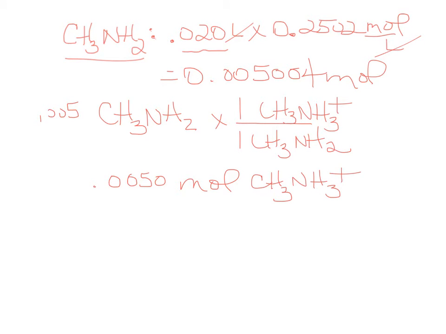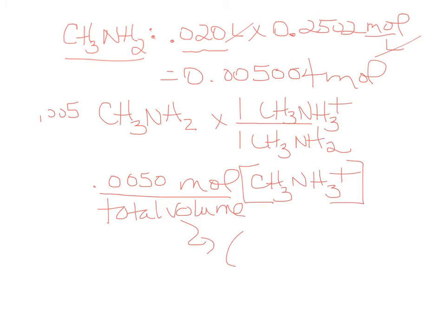In order to fill out our ICE table, we need molarity. How do you find molarity? Well, now we have moles, but our volume has changed. Remember during a titration that you're constantly adding titrant, you're constantly adding volume. So the volume here is the total volume of everything you added together.